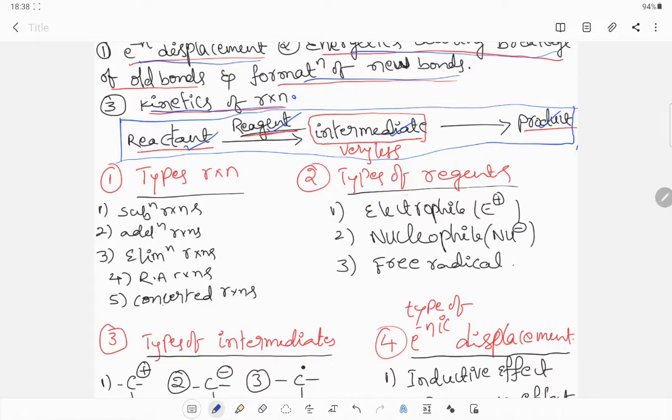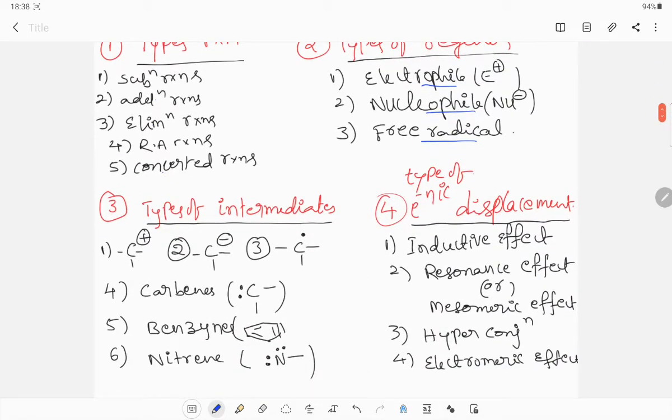What type of reagents we can use? That is electrophile, nucleophile, or free radical. What type of intermediates may form? Carbocation, carbanion, carbon free radical, carbenes, benzynes, and nitrenes. What type of electronic displacement can we observe during the reaction? That is the inductive effect, resonance effect or mesomeric effect, hyperconjugation, and electromeric effect.